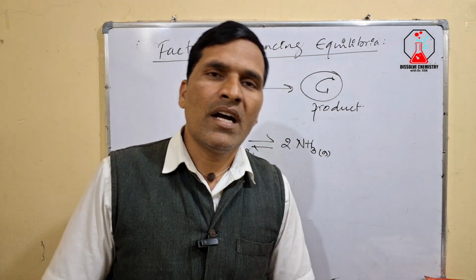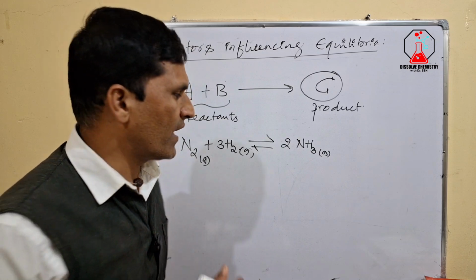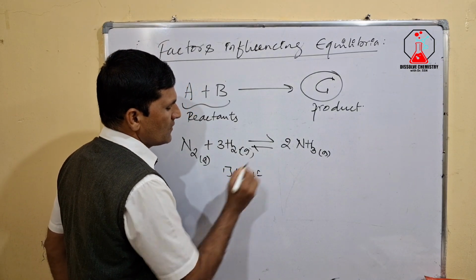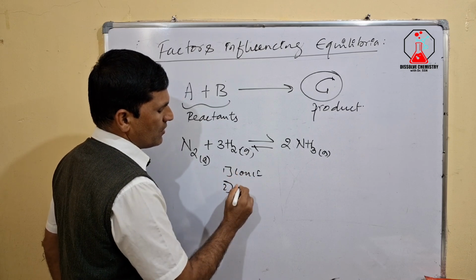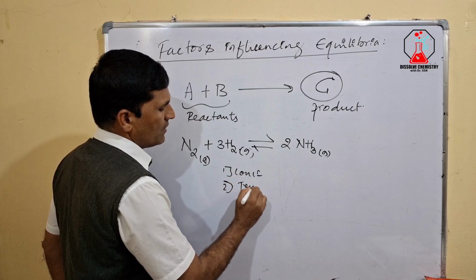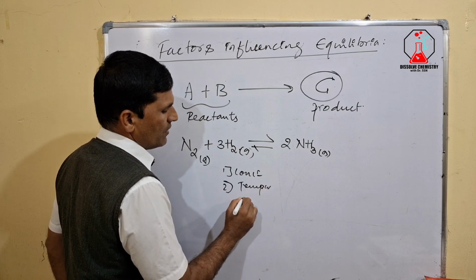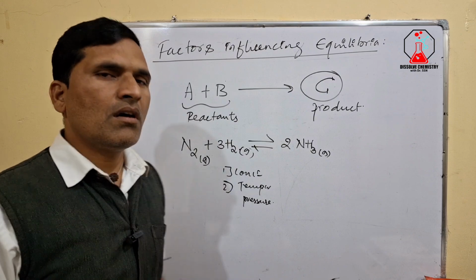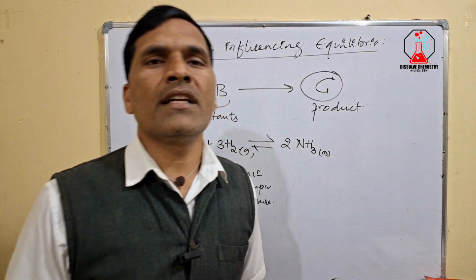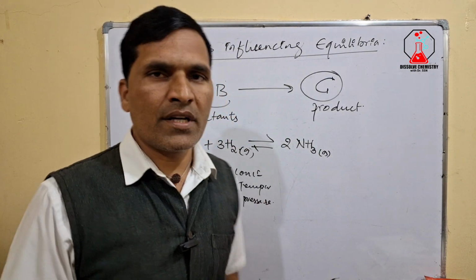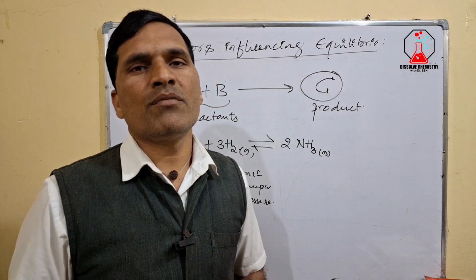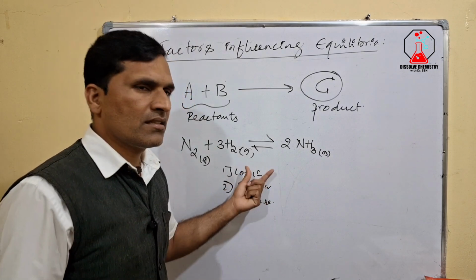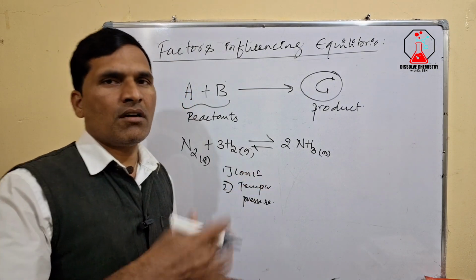The important factors are concentration, temperature, and pressure. If one or more of the reactants or products are gaseous, then pressure plays a very important role. If it involves pure liquid or solid, then pressure has no role. But the other two factors are responsible in all cases.